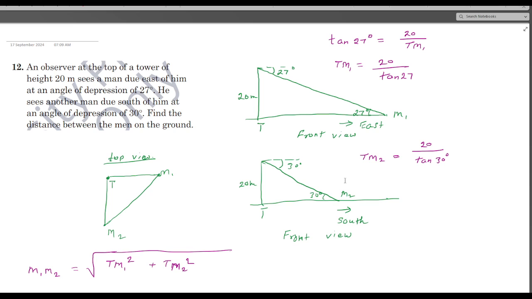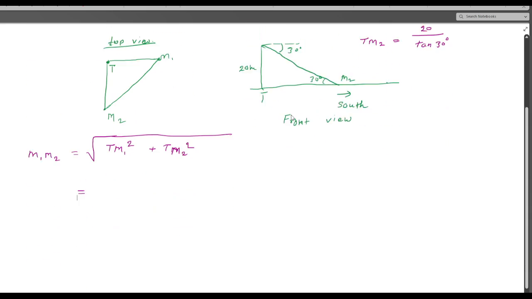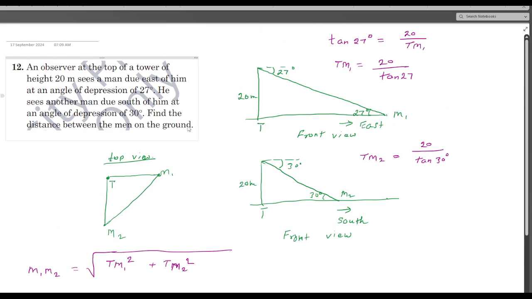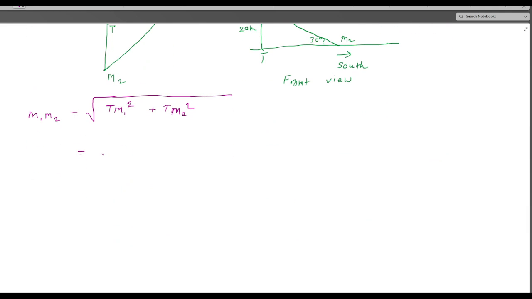We will square it and then add 20 divided by tan 30, in brackets, and we will take the square of this as well, and then we will take the square root of the whole. The result is 52.352, that is, we will say 52.4, and the unit will be meter, so 52.4 meter is the distance between the two men.